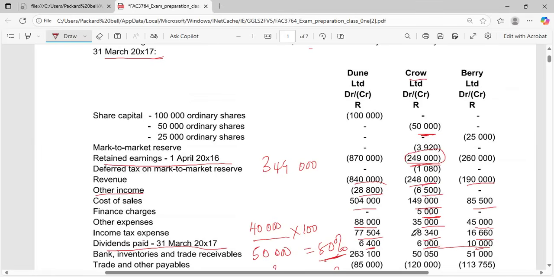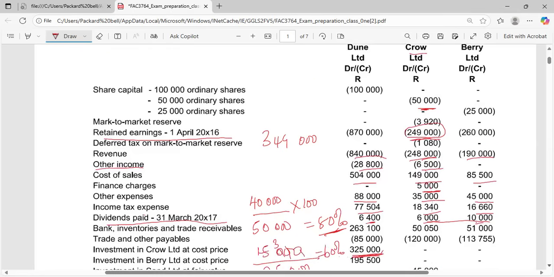Income tax expense, which is 1834. So we need to do a separate calculation for this one. We take revenue, then other income, cost of sale, finance charges, other expenses, income tax expense, then we can have our profit for the year.